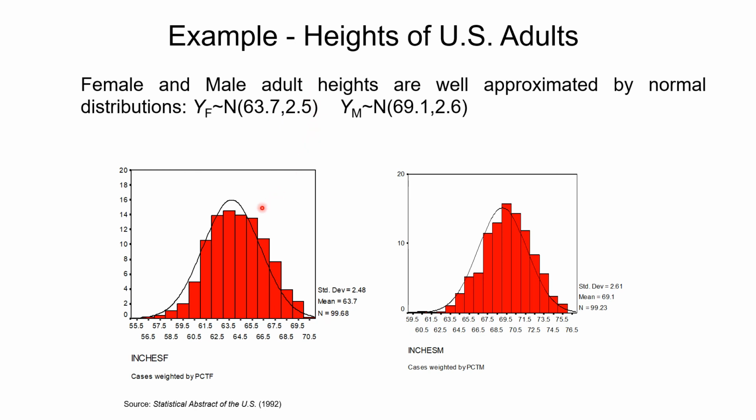Ideally, when you plot this, it should give you a bell curve, because it is approximated to be a normal distribution. The same goes here. The y variable is the height of adult males, normally distributed with mean 69.1 and standard deviation 2.6. So these two are examples of normal distributions.